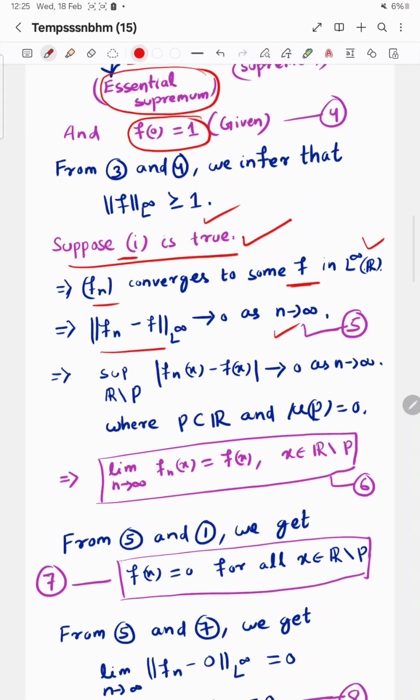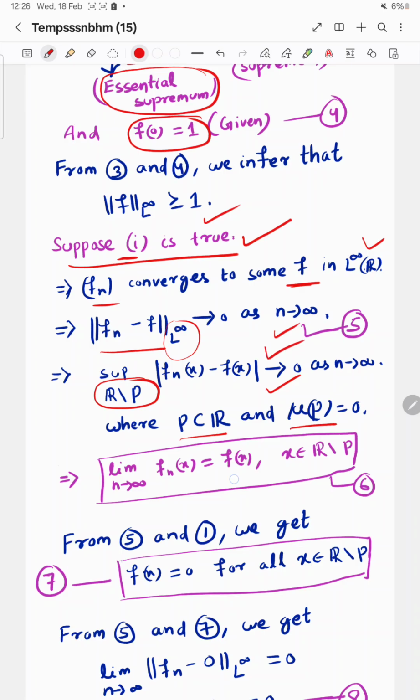Its equivalent definition, since it is the essential supremum norm, is that we can find a subset P of R whose measure is 0 such that the convergence is uniform, with the supremum taken over R minus P. That is, on the set P complement, Fn converges to F uniformly.